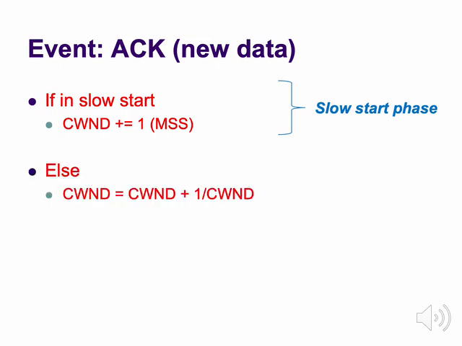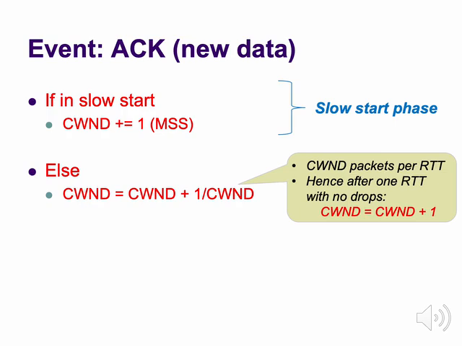If the sender was not in slow start, then that means it's doing additive increase. And so then the update is C-wind is equal to C-wind plus 1 over C-wind. Right? We're adding a fraction of 1 MSS on every ACK arrival.